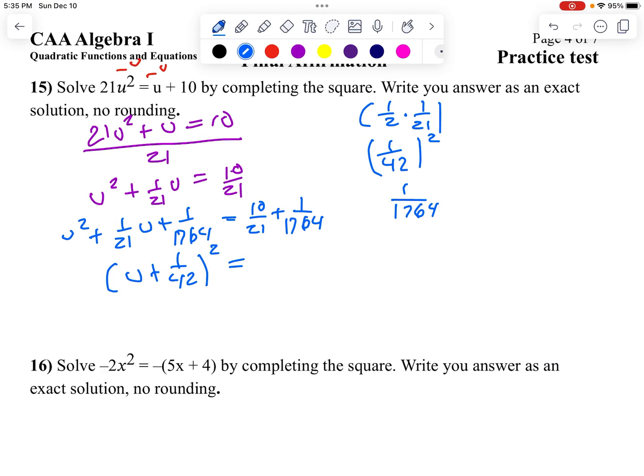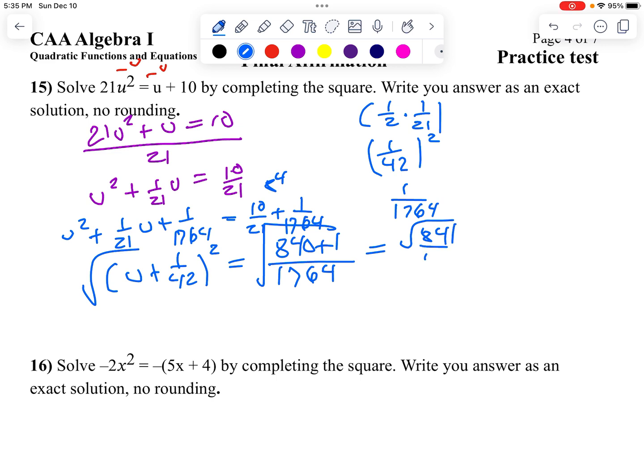So in other words, I'd have to multiply this by 84 then, won't I? So 84 times 10 is 840 plus 1, all over 1764. So then if we take the square root, well, that'll be the square root of 841, won't it, over 1764.